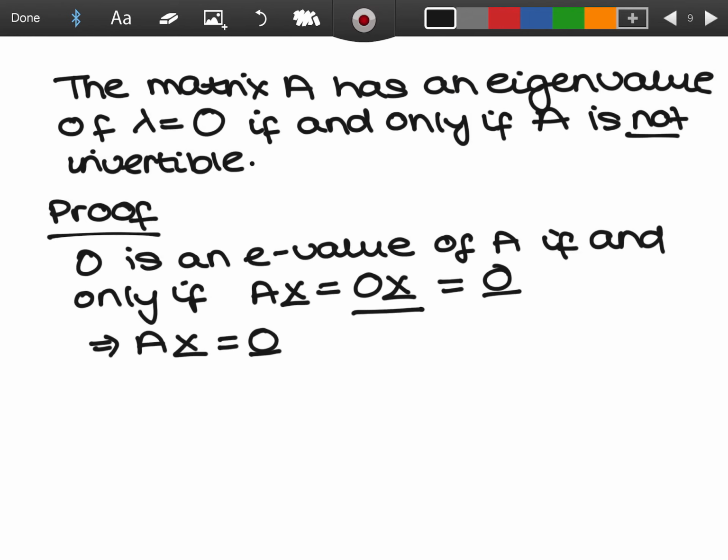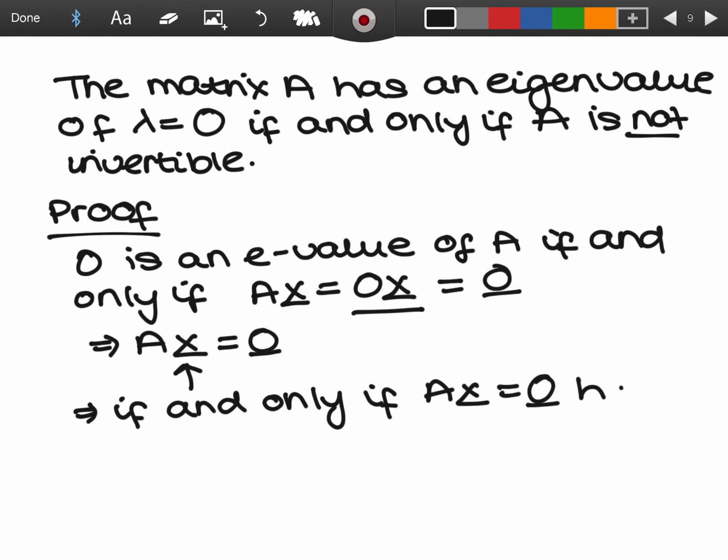So I know that 0 is an eigenvalue of A if and only if that is true, and if and only if this has a non-trivial solution. So 0 would be an eigenvalue of A if and only if A times X equals 0 has a non-zero or a non-trivial solution.